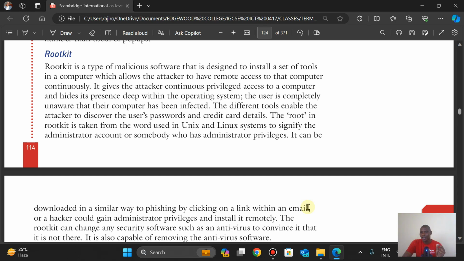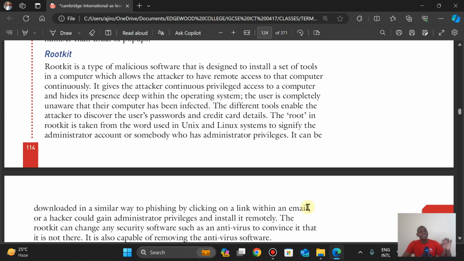It gives the attacker continuous privileged access to the computer and hides its presence deep within the operating system. The user is completely unaware that the computer has been infected. The different tools enable the attacker to discover the user's passwords and credit card details.